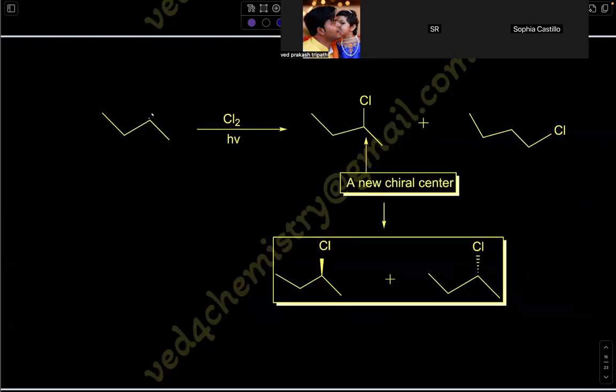Especially at this position, at this radical, you can see when you add a chlorine here, you have a chiral center at this position. So whenever we have a chiral center, you know that it can be either a wedge chlorine or a dash one. So we have 2 isomeric products. Make sense? Clear?